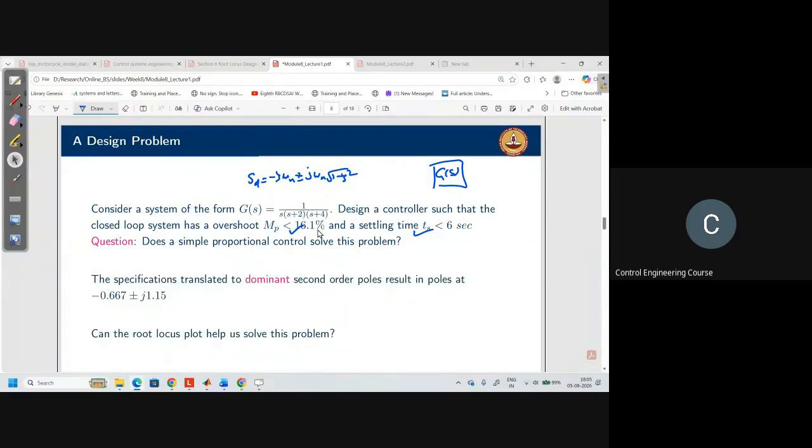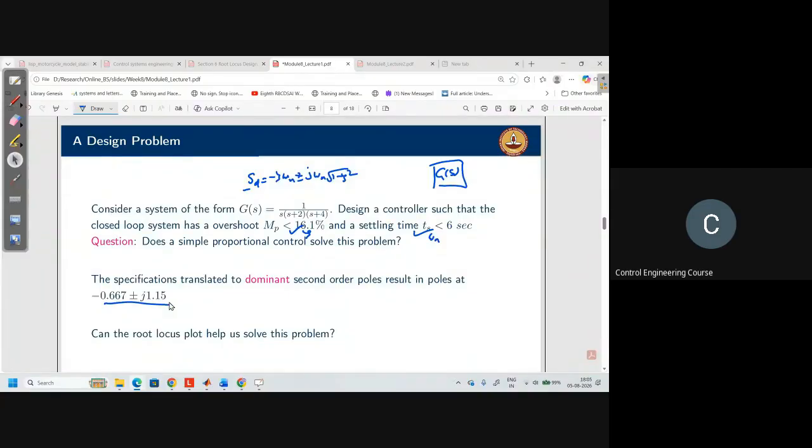So from Mp you will calculate zeta. Then if you substitute that zeta into this expression you will get omega n. Then you will get the desired pole location. Okay, so for this example, this is the desired pole location.